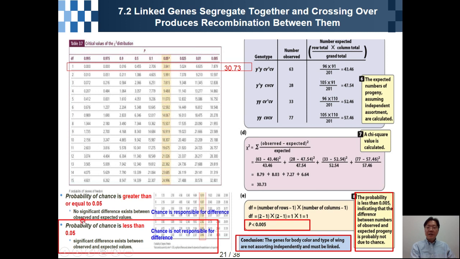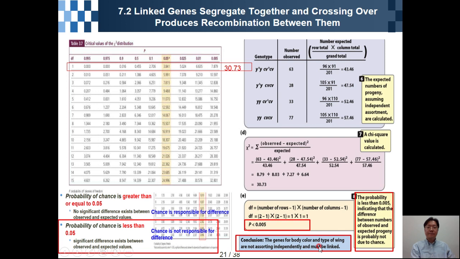If the probability of chance is less than 0.05, chance is not responsible for the difference. It means that the gene for body color and the gene for type of wing are not assorting independently. They must be linked.